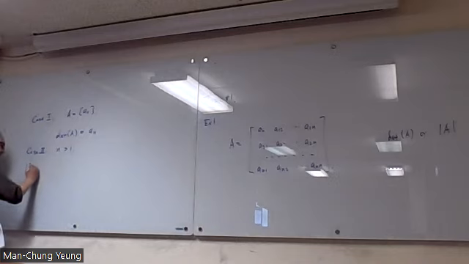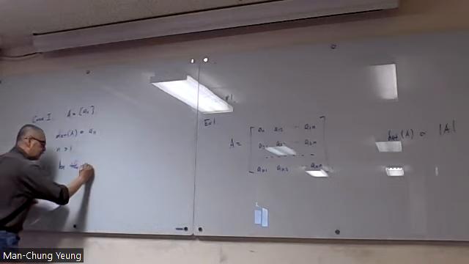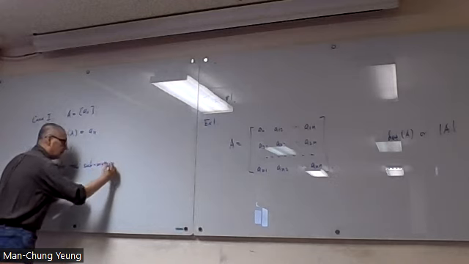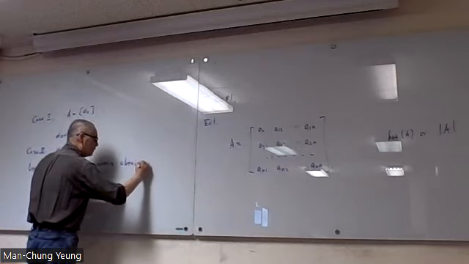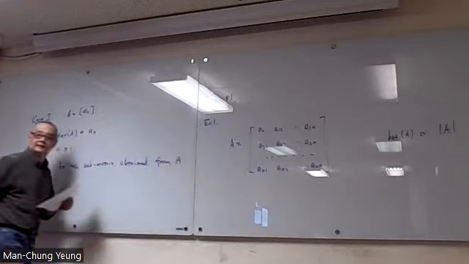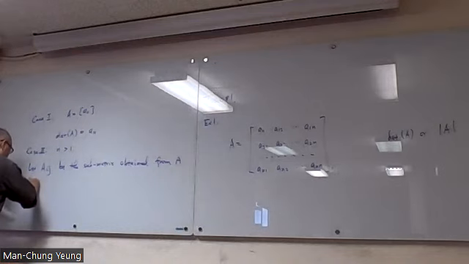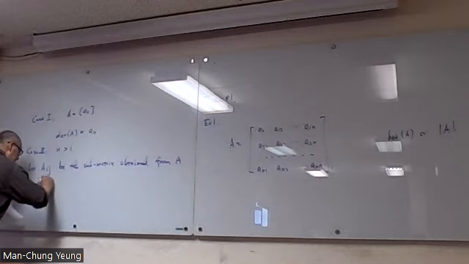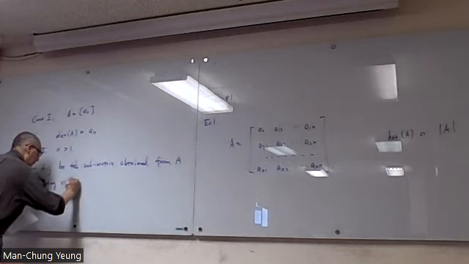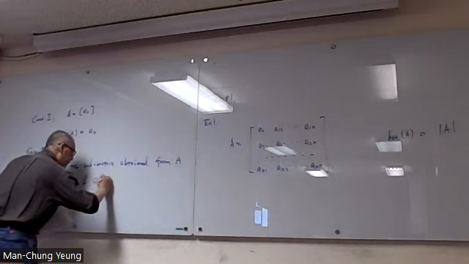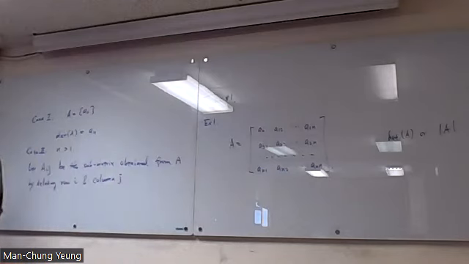Let Aij be the submatrix obtained from A by deleting row I and column J. From an N by N matrix, I delete row I and delete column J, and I have an N minus 1 by N minus 1 matrix.